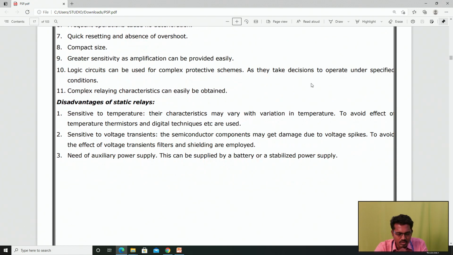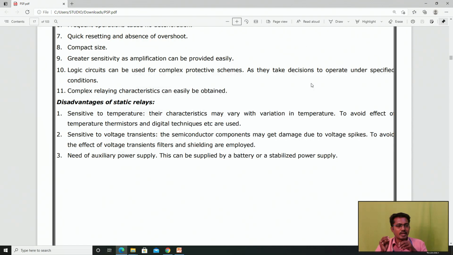The first is sensitivity to temperature. Due to thermal effects, the semiconductor has thermal conductivity characteristics. So when the temperature changes, the resistivity of the semiconductor material changes. Due to that, there will be changes of operation.